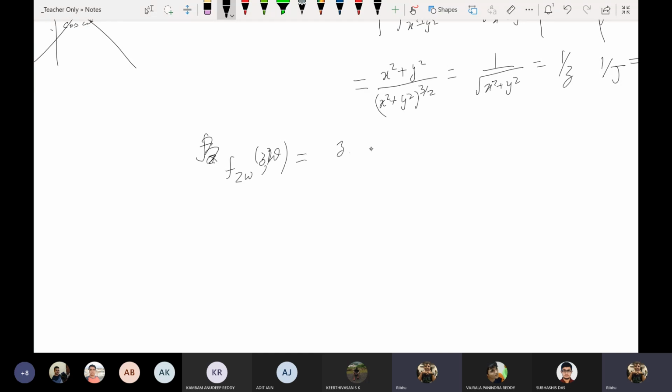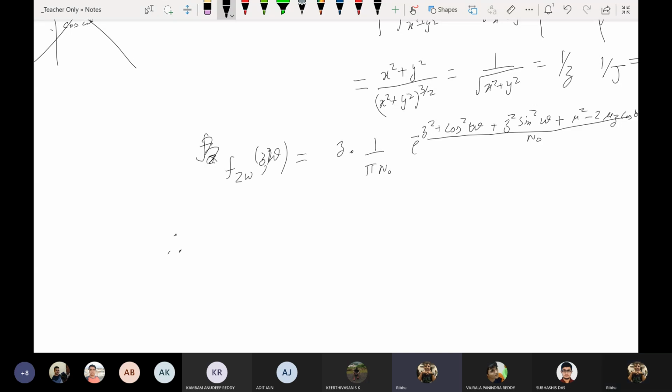So z in the numerator times f of x, y, which I can write as 1 upon pi N naught power z square cos square w plus z square sin square w plus mu square minus 2 mu z cos theta divided by N naught, and there's a minus sign here.